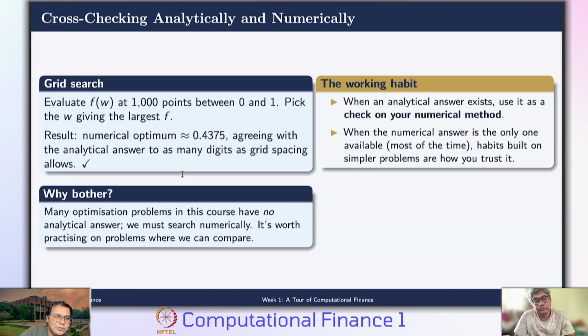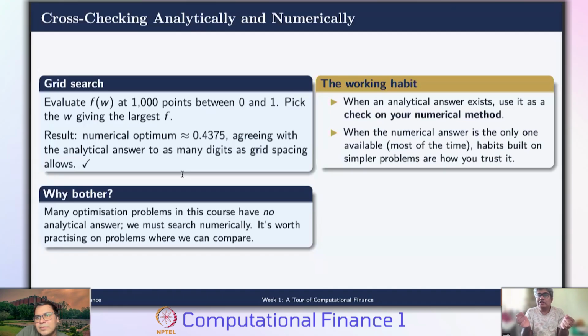Right. Because as we have discussed, there are several things that can go wrong whenever you are doing the numerical method, just as there are several things that can go wrong when you are doing analytical. For example, here we are only handling one risky asset, a two-asset problem, so we are doing grid search in one dimension. Grid search works very well in one dimension.